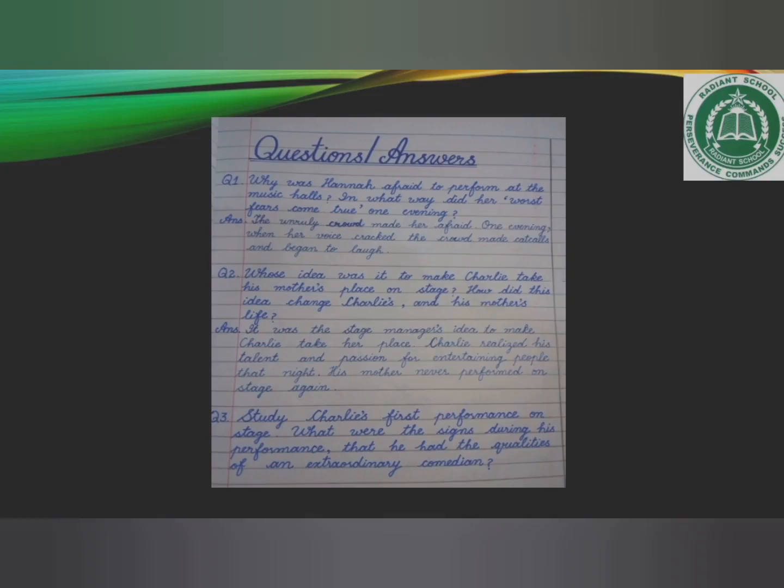The unruly crowd made her afraid. We have read in the story that the unruly crowd made her afraid. Full stop. We will start the next sentence with a capital letter. One evening, comma, when her voice cracked, the crowd made catcalls and began to laugh.